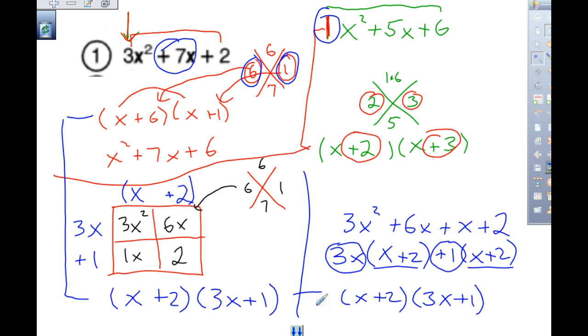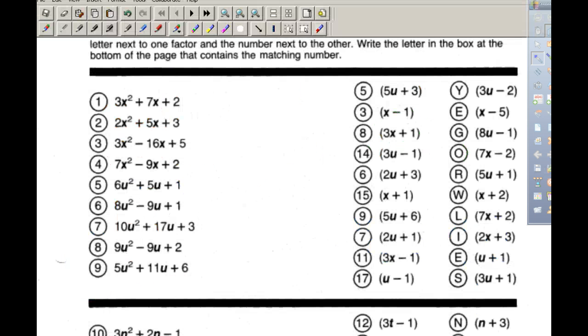So let's do a few more of these. Oh, by the way, if you look at the work here, they just give you one of the factors. So you have to find, let's see here, we have 3x plus 1 and x plus 2. Either of those over here somewhere.